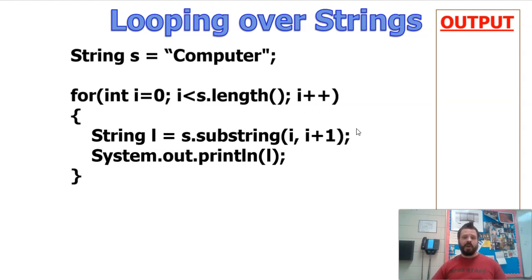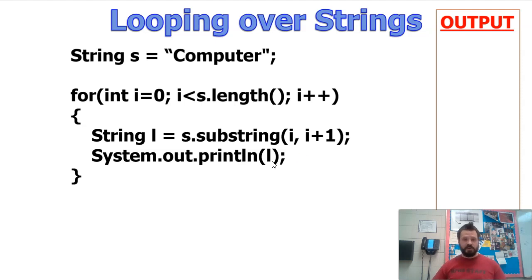And then, reminder, the way we can access an individual letter is with the substring method. So I'm going to say String l, as in letter, is equal to s, our string, dot substring, i, comma, i plus 1. So what our loop's going to do here is, when i starts at 0, it's going to look at just the first letter. When i is 1, it's looking at just the second letter. When i is 2, it's looking at just the third letter.